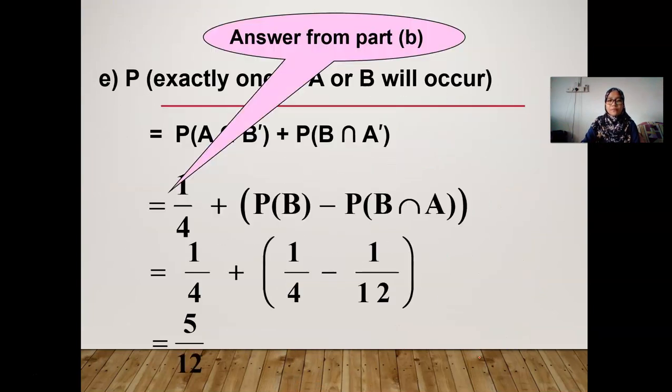Exactly one of A or B will occur. So the 'or' here means plus. The first probability will be A occur, B not occur, plus B occur, A not occur. Alright, so you just substitute the value, then you get the answer 5/12.